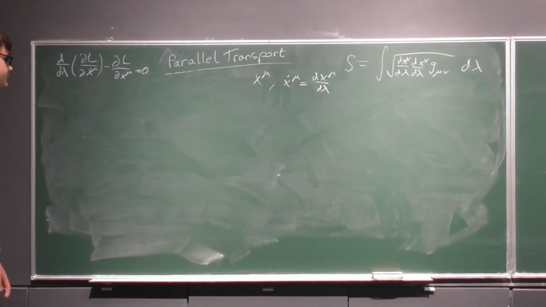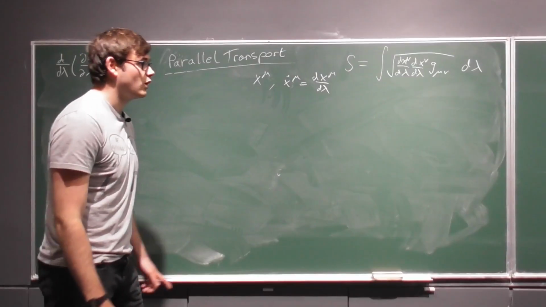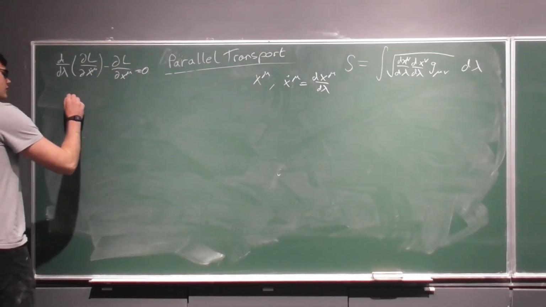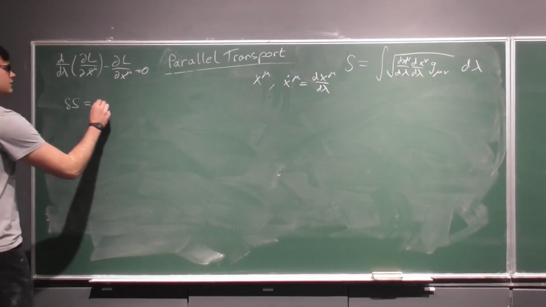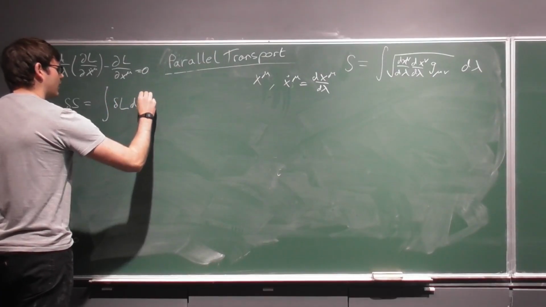Now, before we do this, this square root is going to make things quite tricky, so we're going to notice something really quick. When we take the variation of the action, that's the same as taking the variation of our Lagrangian.